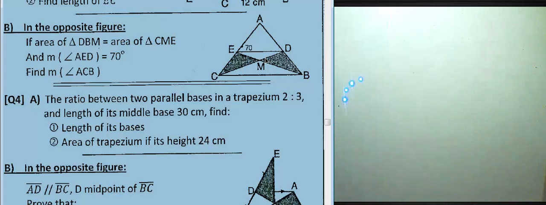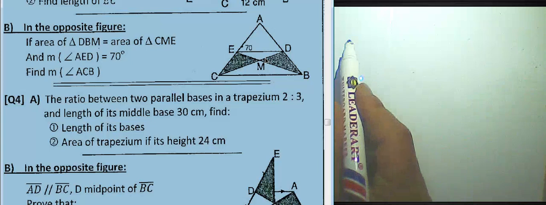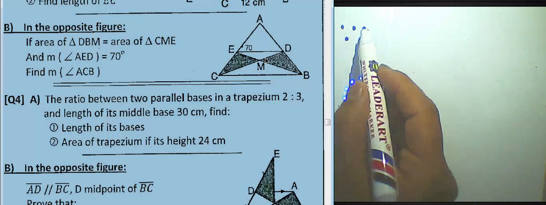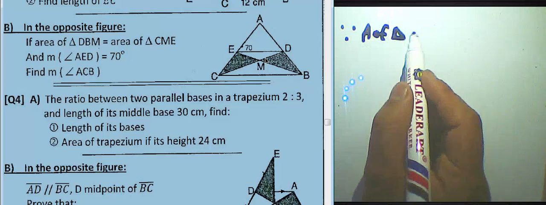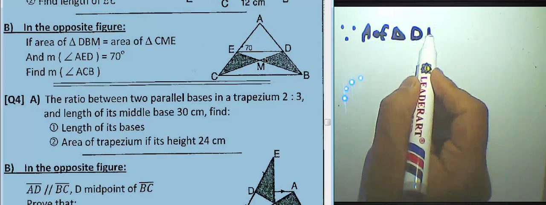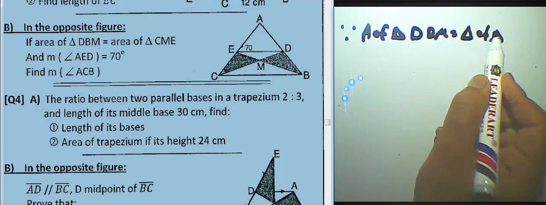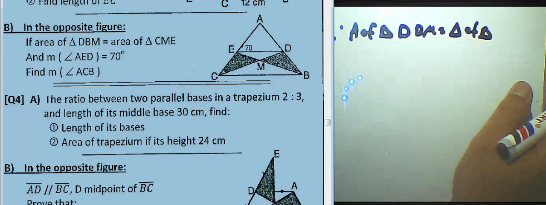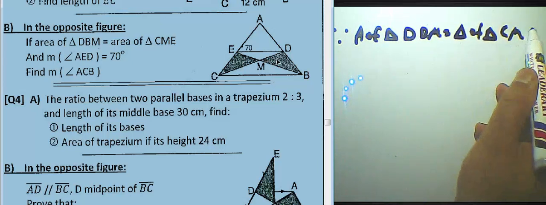Look at the steps. The area of triangle DMB equals the area of triangle CME.